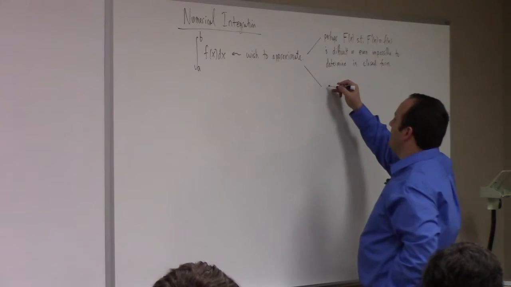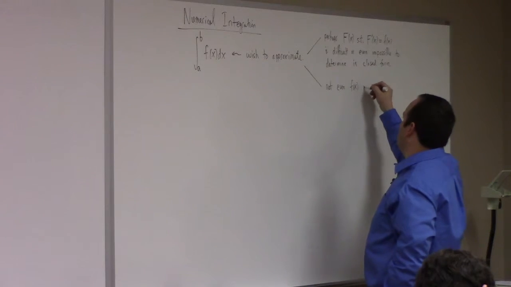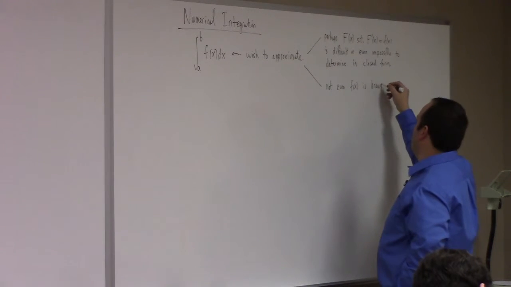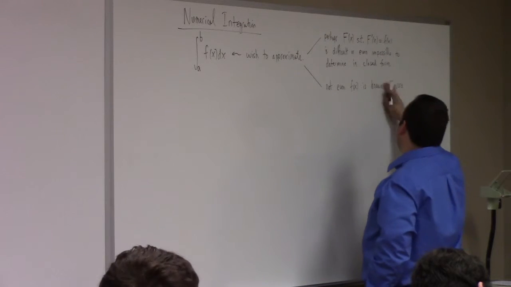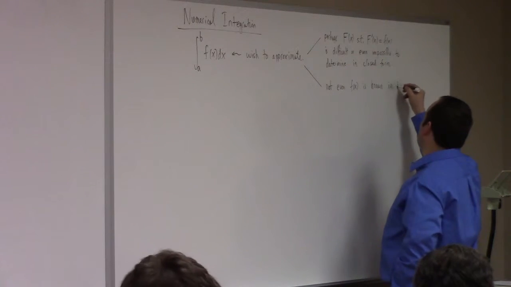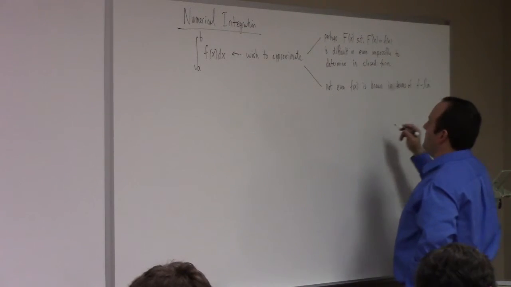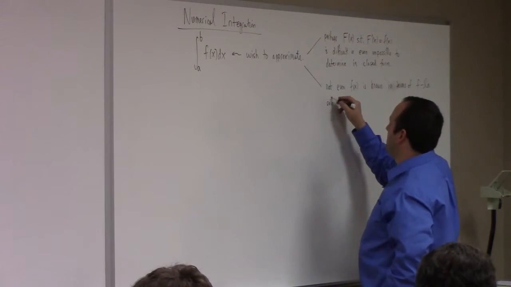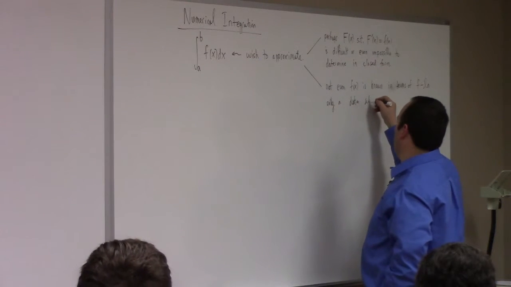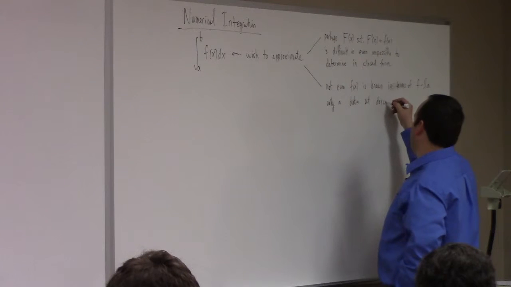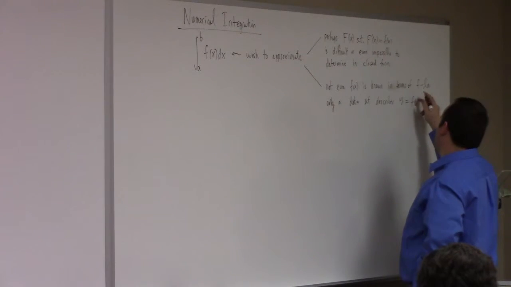So it could be that f of x is not known algebraically, in terms of a formula. Perhaps only a data set describes y equals f of x, perhaps from some experiment.